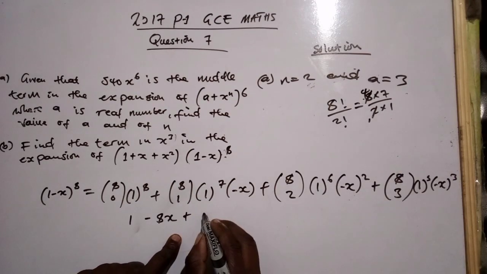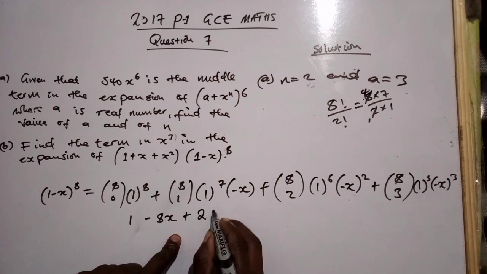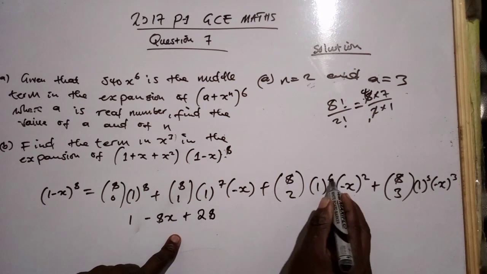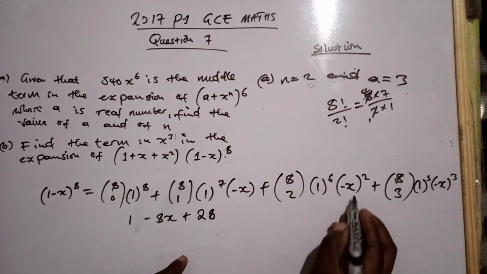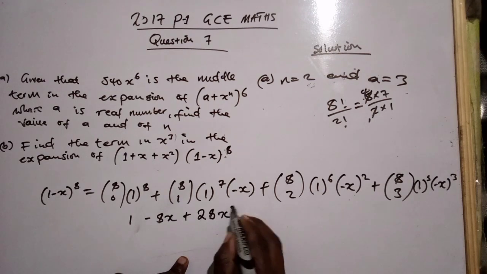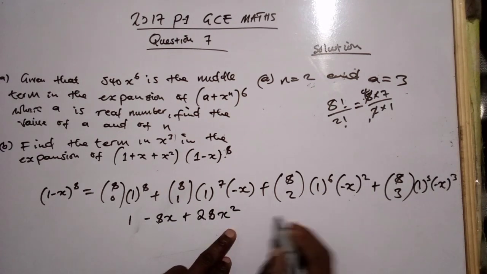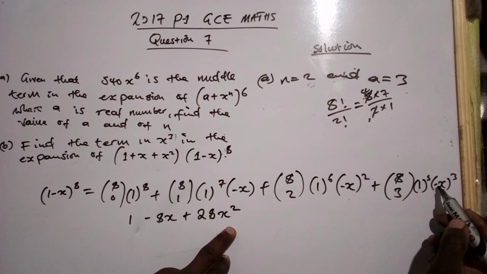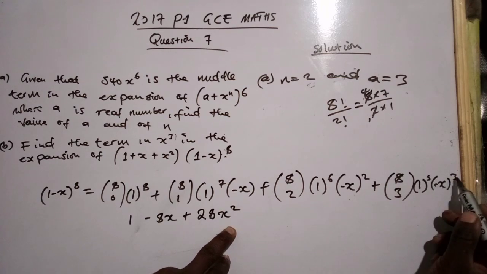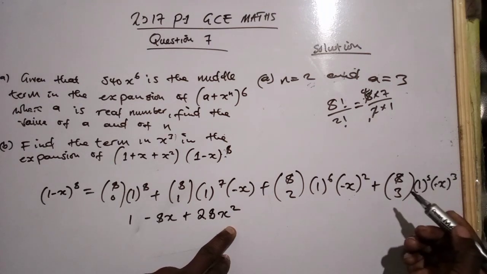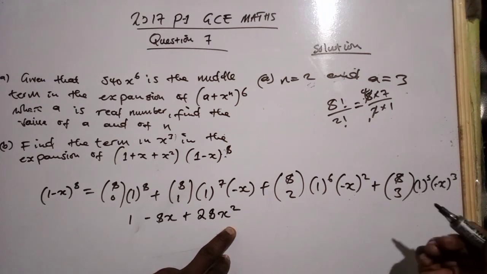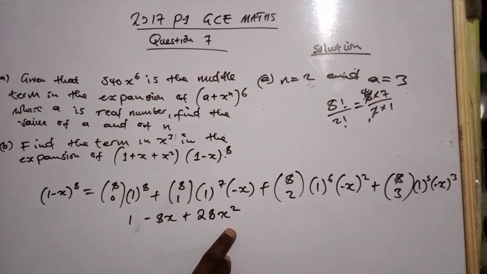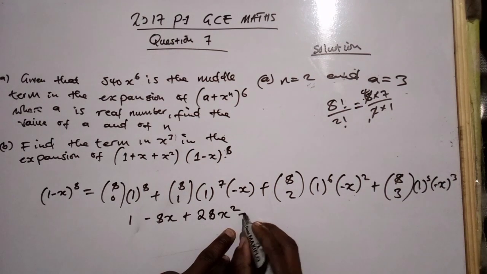So here you have a 28, because 1 to the power 6 is 1. Then here you have x power 2, right? Then here you go where you have x cubed, you're going to have negative, because negative 1 times negative 1 is positive, times negative 1 will be minus. So here you're going to have minus.